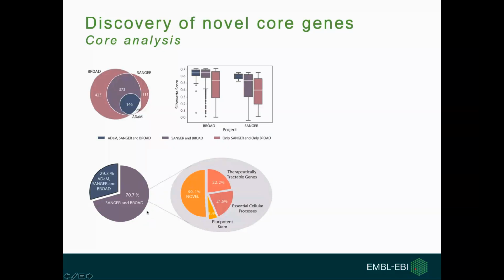So when we look at our core labeled genes, when we only take the intersection, we just look at where our predicted core genes are, and we saw that half of them are novel. The other half of them could be therapeutically tractable genes in the essential cellular processes or stem cell core genes. But we observed that half of them are novel. They were not predicted before.